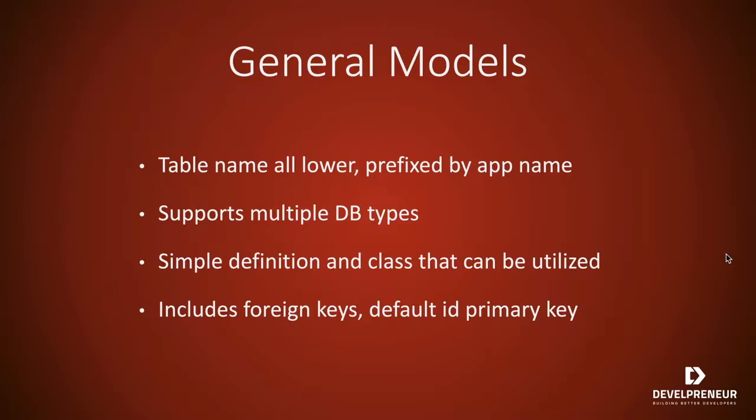And it's got, for the most part, your standard database types. It allows the ability to do foreign keys, it has a default primary key that's just an ID. So you don't even have to see it. It is in there, sort of under the covers, but you don't have to actually define or figure out what your ID is. You just create your data.